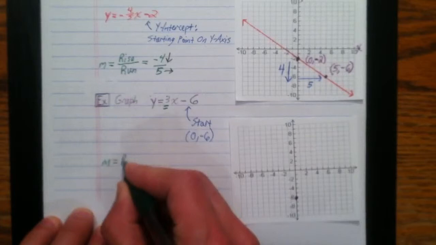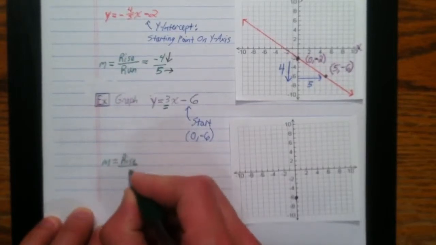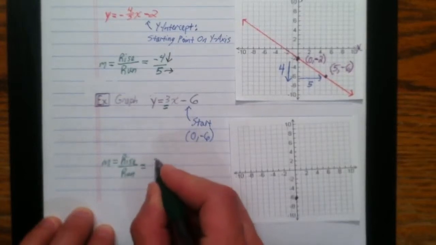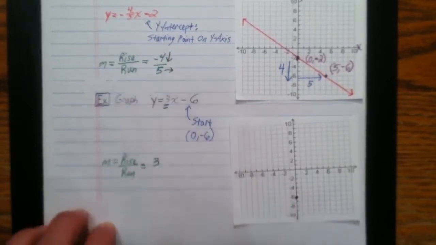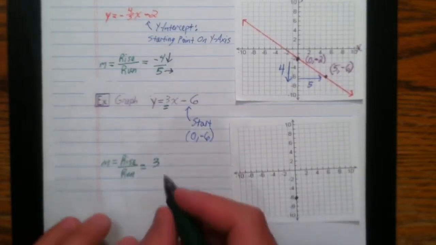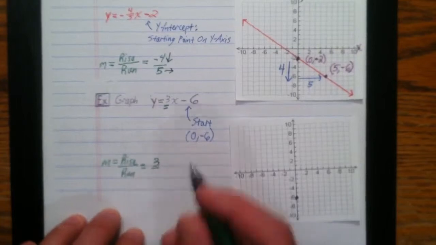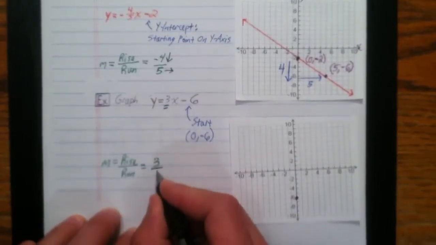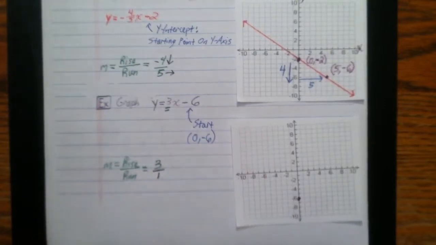We want to use the idea of rise over run. In this case, it's just 3. It's not a fraction. However, we can take any whole number and think of it as a fraction by simply putting it over 1. So it helps in this case, taking your slope as a whole number, putting it over 1, which is the same thing as saying 3.